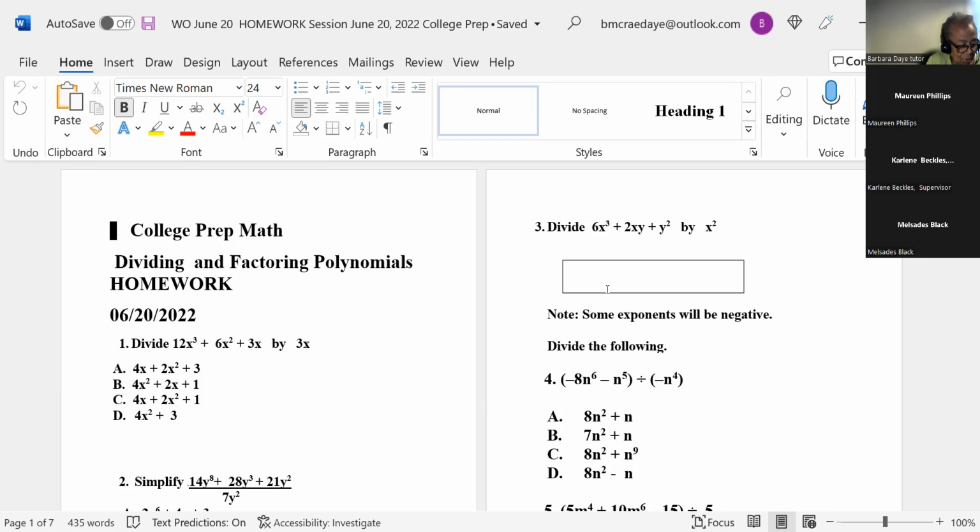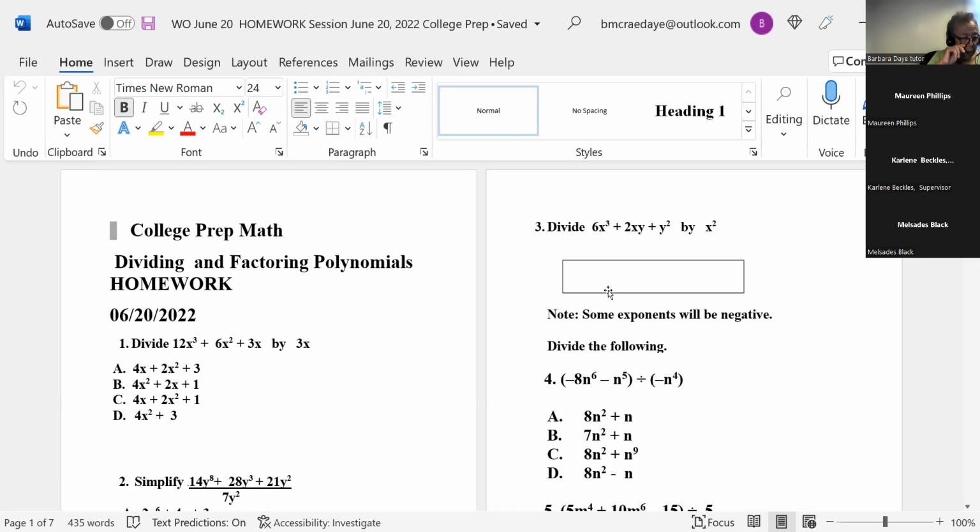The first one. Mercedes, how do you think we could solve this one? Remember, I said we would solve the division of polynomials. We'll do that by factoring, or in some cases, maybe with the quadratic method.